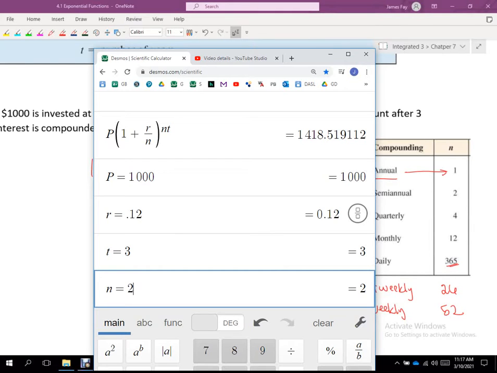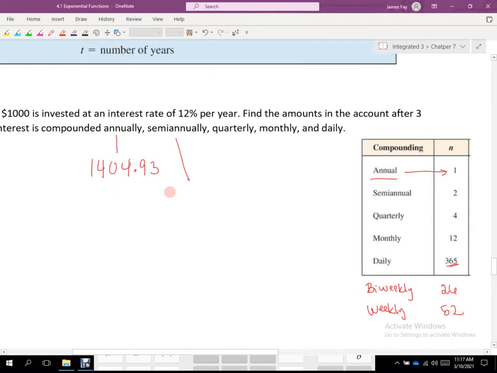So 1418.52. Did I make more money by the bank compounding it twice a year? Yeah. Basically, it sat in there 3 years, my money rolled over 6 times. I gained interest essentially 6 times. Okay? And that accrued to about 13, 14 extra dollars.